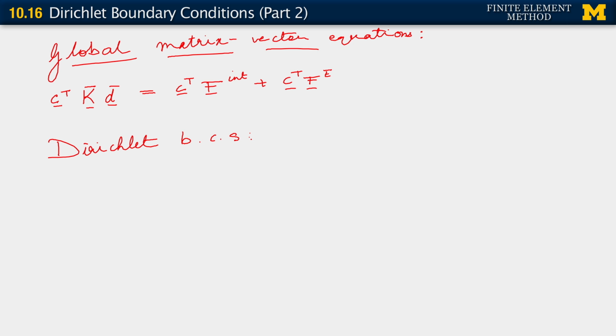And in doing that, we need to account for the fact that our K bar, I'll probably do without that arrow. What are the dimensions of our K bar matrix? They are number of nodes times NSD minus ND, where ND is the total number of degrees of freedom where the Dirichlet boundary conditions are specified.